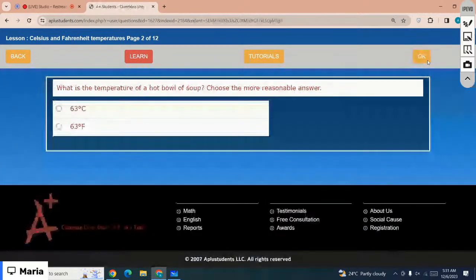Okay. Which is the temperature of a hot bowl of soup? 63 Fahrenheit or 63 degrees Celsius? Which is the correct option?